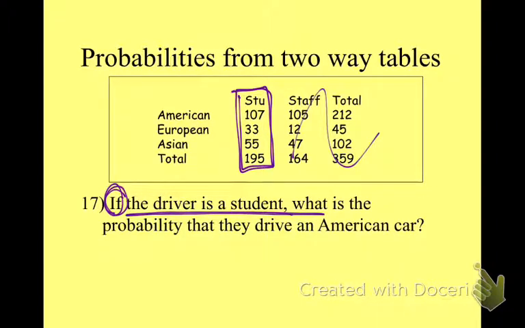So out of all of my students, the probability that they drive an American car is 107 out of 195, because this is out of the students. So now you're not looking at the total, you're just looking at the total students, because it's giving me the condition that they're a student.